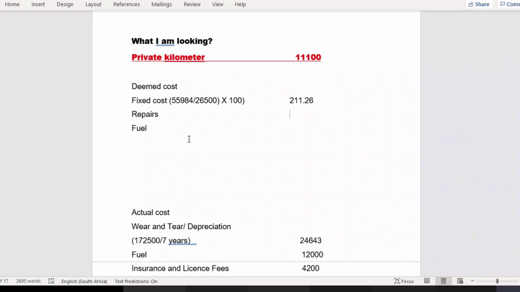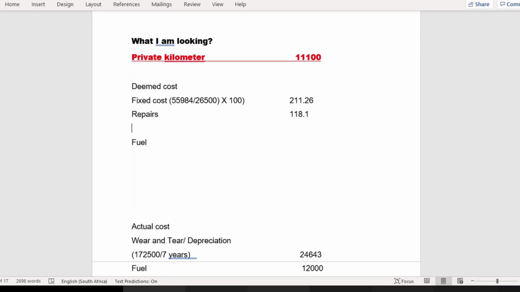Okay, let me quickly go to my table. Okay, 118.1, and 46.8.